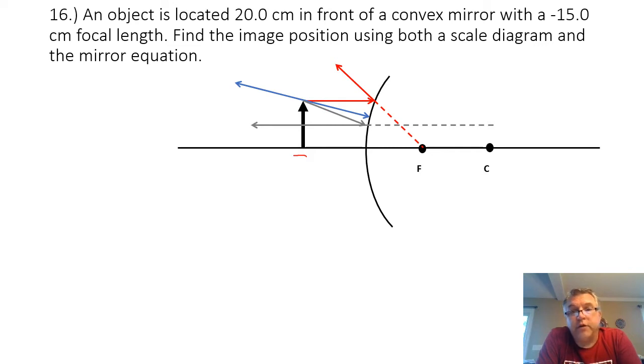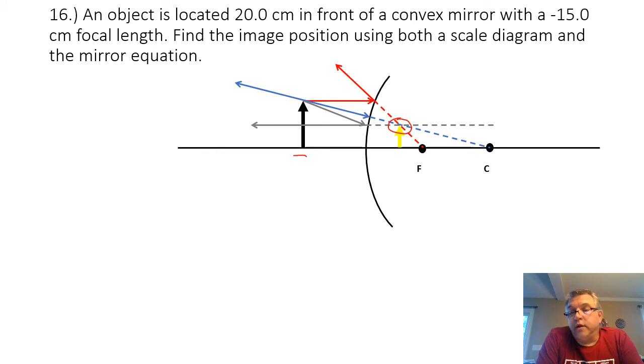So once again, if I trace this ray back behind the mirror towards the center of curvature, I can see that it intersects with the other two reflected rays. And that point where all three of these rays intersect is where my image is located. So my image is right there. And remember, because all of my incident rays came off the tip of the arrow, where they intersect is the tip of the image.